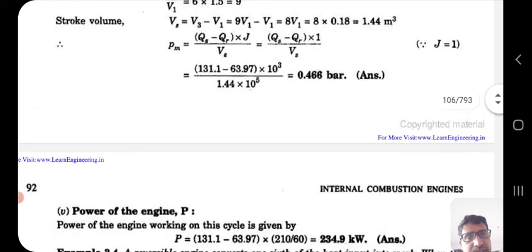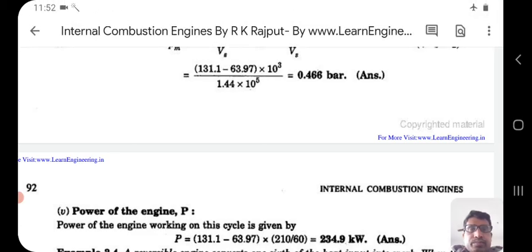Power of the engine working on this cycle is given by P equal to (131.1 minus 63.97) into 210 by 60. So that is equal to 234.9 kilowatt. Okay, so that is the power of the engine. Okay, thank you.